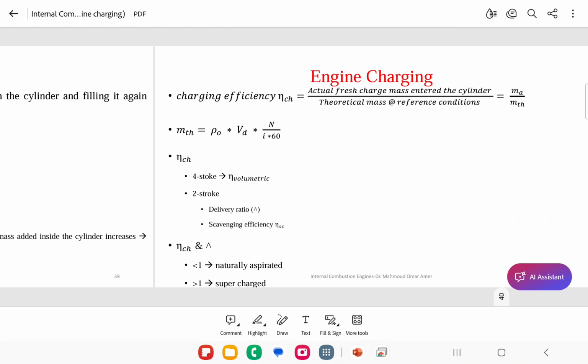If it's 100%, then the intake fresh charge is exactly the same as the theoretical that the engine can take, but the actual values are lower than 1. What about the two-stroke? The volumetric efficiency in the four-stroke is similar to what is called the delivery ratio in the two-stroke.